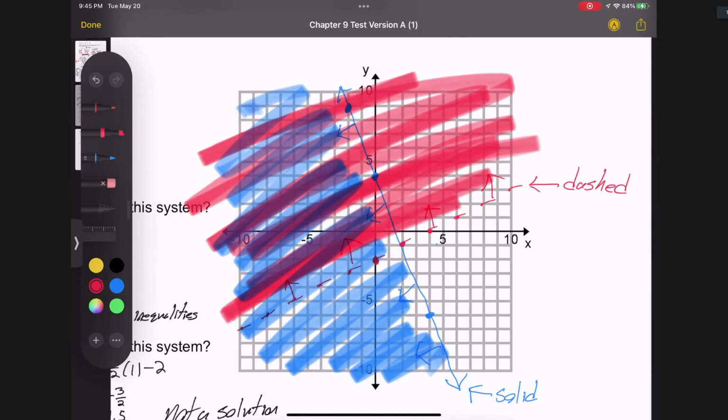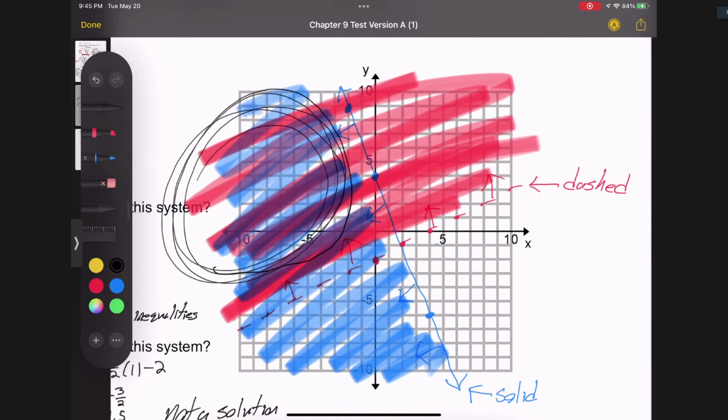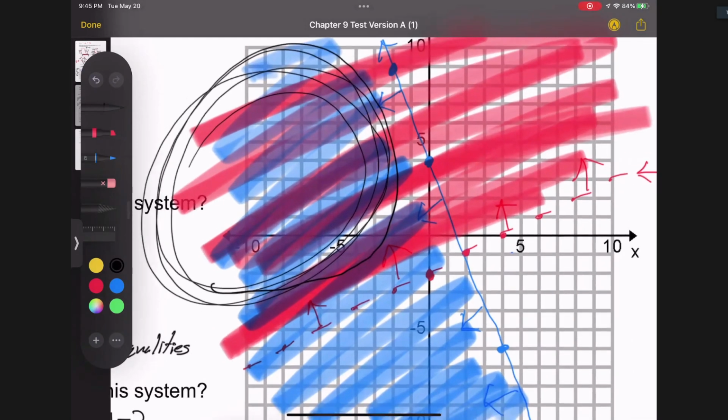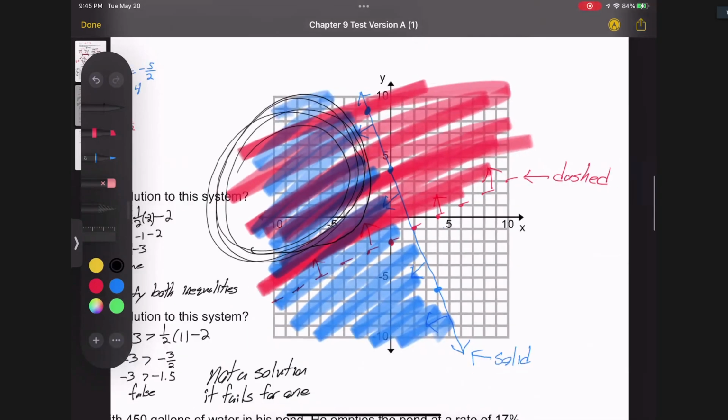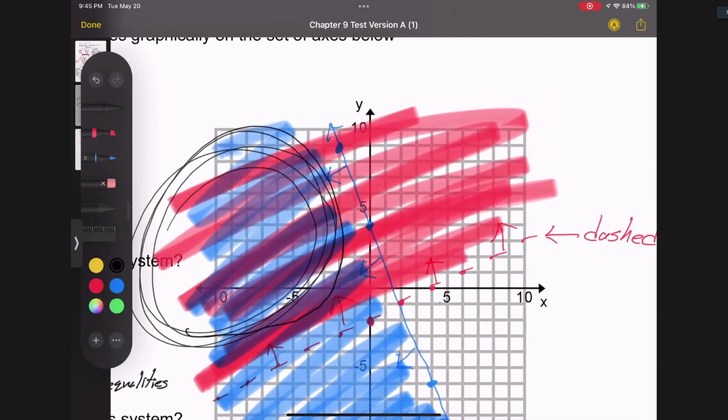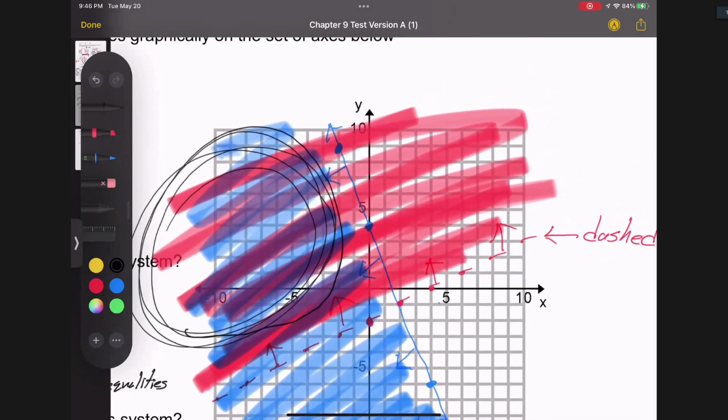And that is this section right here. I want to circle it right here. This region, if you will, is going to be the solution. Only this part. So sometimes if you saw in the actual test, I circled it and I said the word only. That meant that you were only allowed to shade in that section.